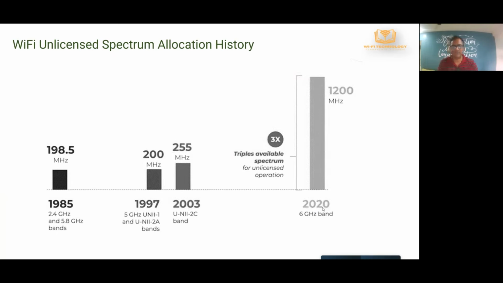As Wi-Fi enthusiasts, we can imagine how much revenue and business Wi-Fi has generated over the last 20 years, just based on the spectrum allocated so far, and now we can only imagine how many more opportunities and business cases this new spectrum will open up, because there is now a lot more spectrum available in the 6 GHz band for unlicensed use.